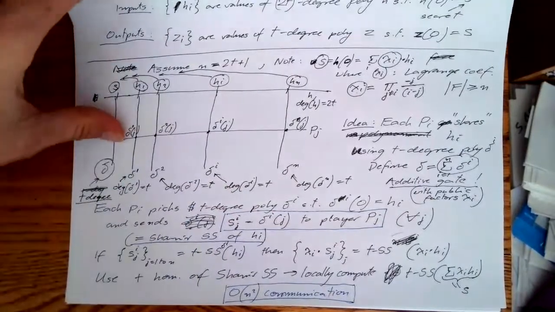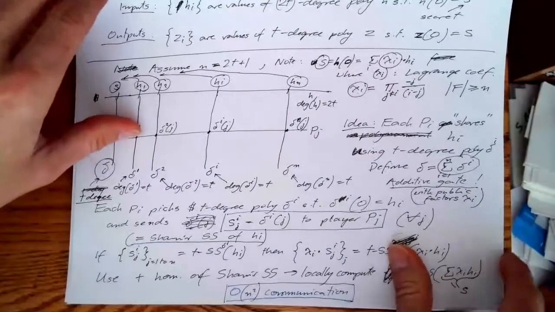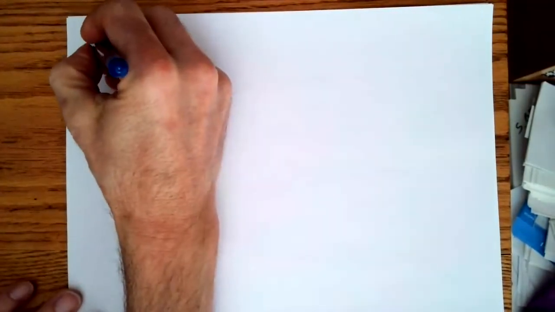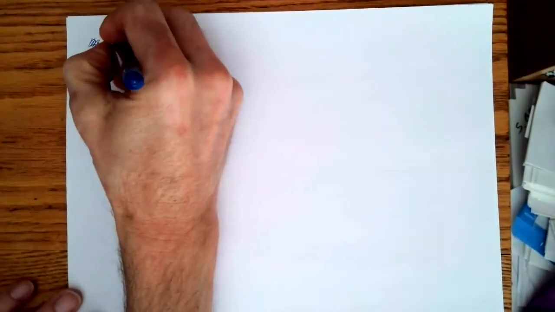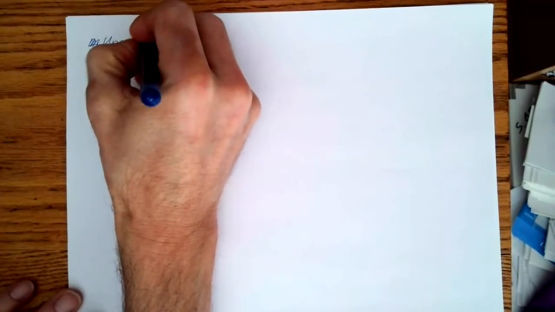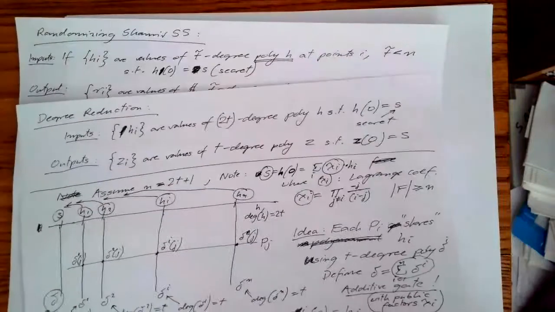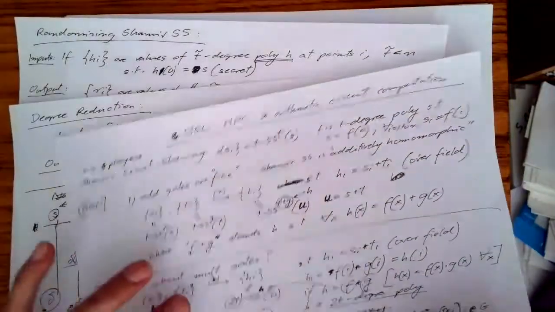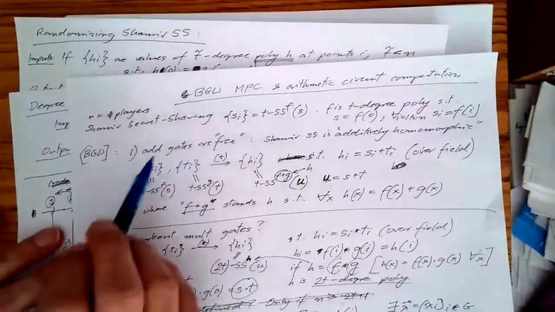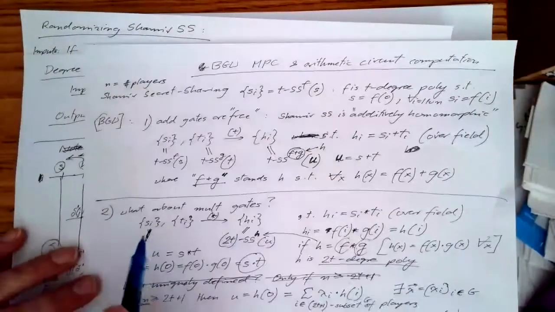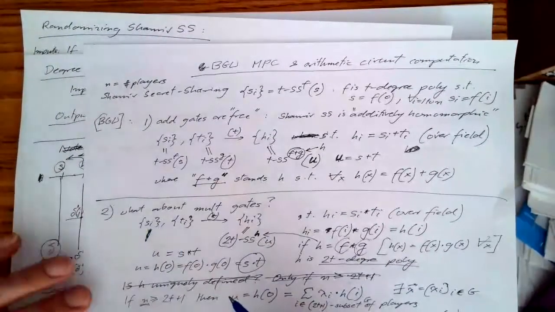Let me reiterate. We're done with BGW, because we can secret share using Shamir, add gates non-interactively, and multiply gates, you know now how.